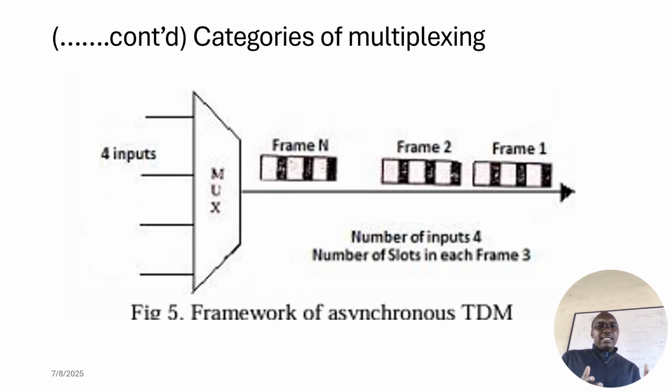The other one, if you looked at it, had 4, and they looked a bit bigger, but these ones are smaller. The number of inputs is 4, but the number of slots in each frame is 3, in case we assign one to another person. Nobody has that dedicated time. Are we together? Yes.